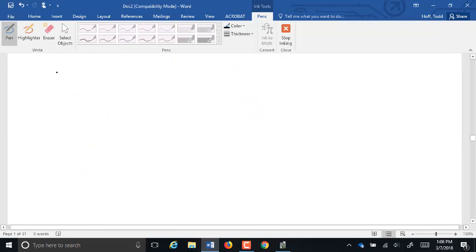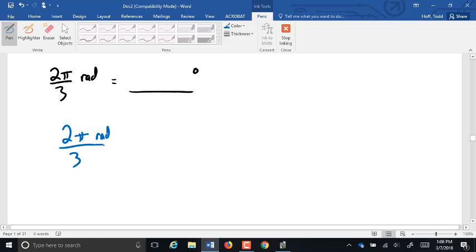Let's say I have 2 pi over 3 radians. I want to know what that's going to be in degrees. Well, that's already a fraction, 2 pi over 3. I'm just going to put the radians on top.